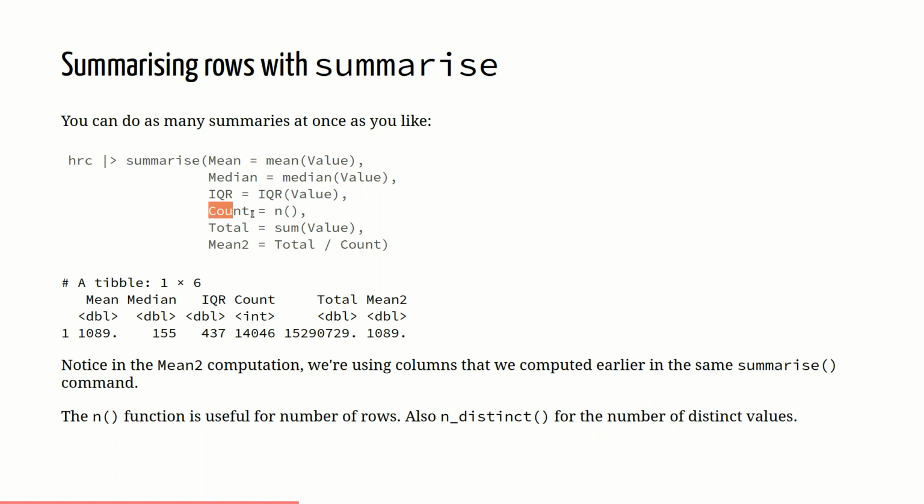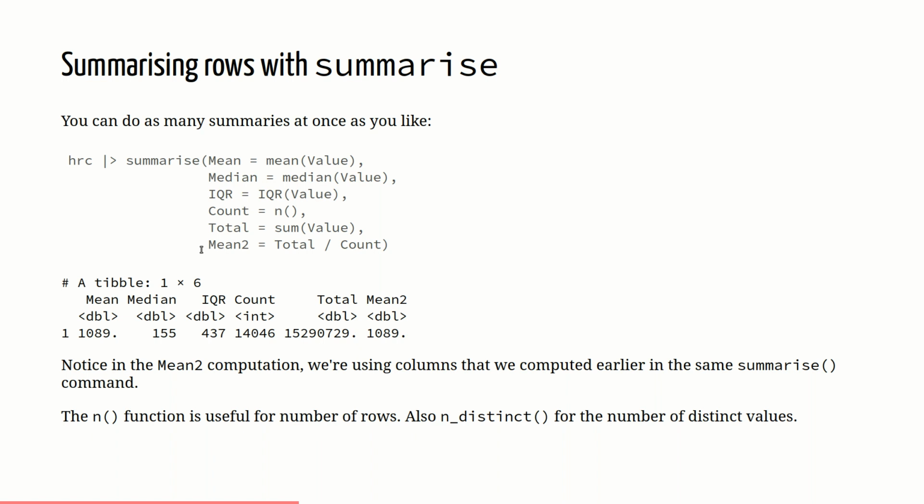We're also counting how many there are. So the N helper is a super common one to be able to use. It's a very handy shorthand for counting the number of rows. So count will give us the number of rows in the data set, which is 14,046.